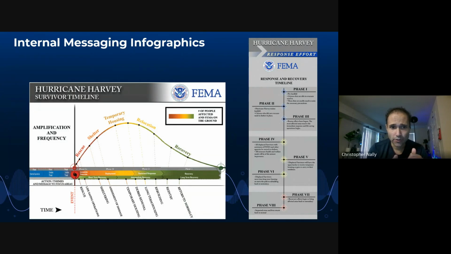The one on the left is a timeline infographic, and the one on the right is exactly the same thing, just a different visual style and different elements when it comes to the topic. But these were made just for the internal audience, meaning nobody in the public would be seeing this. It's an internal infographic for key leaders, stakeholders, and decision makers.